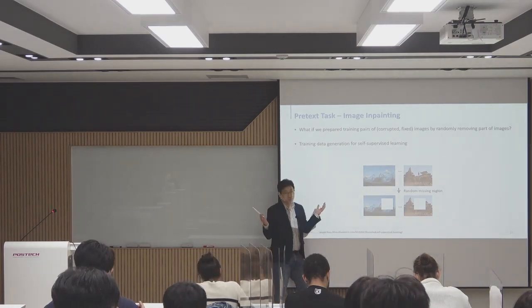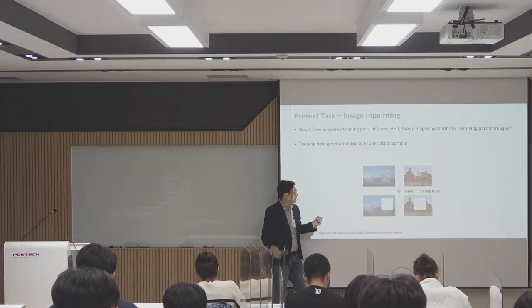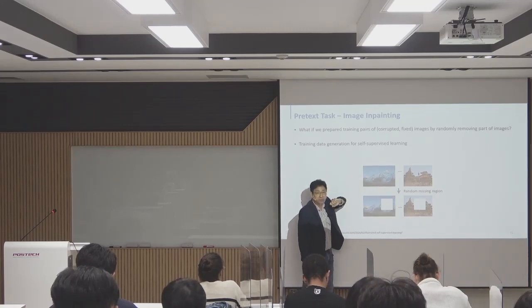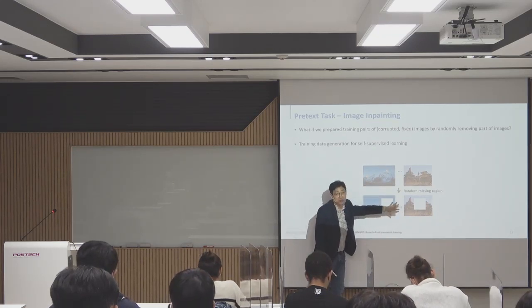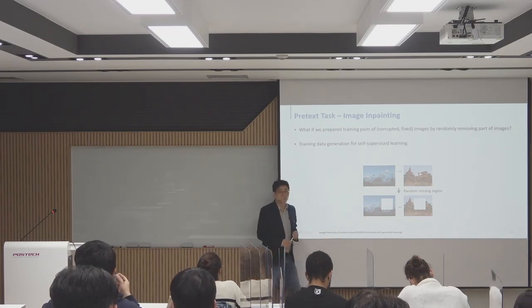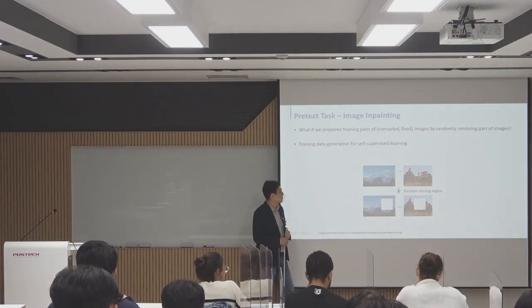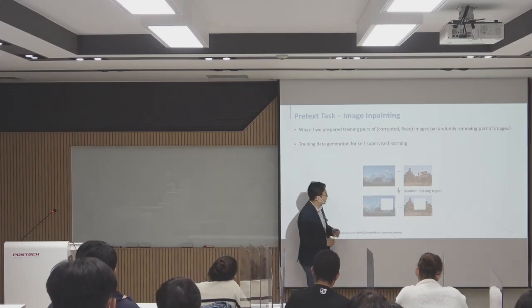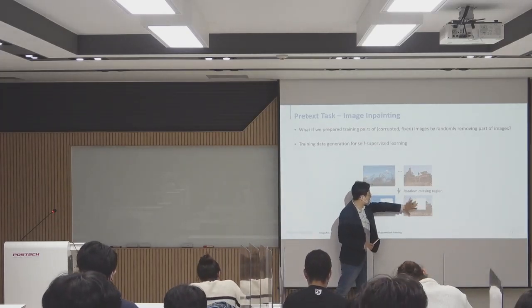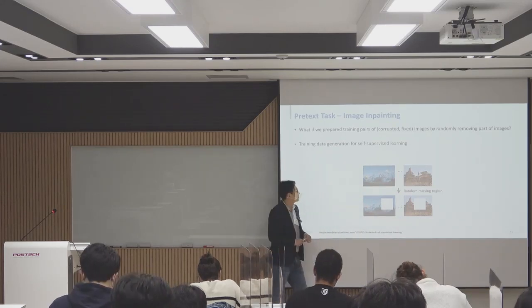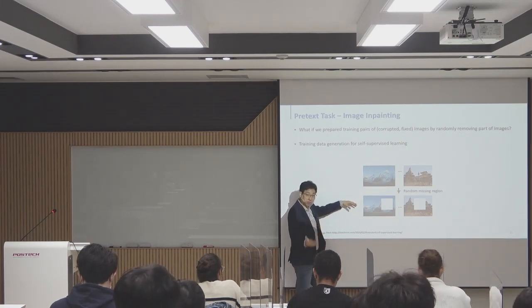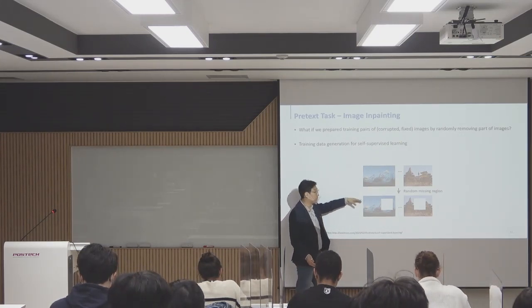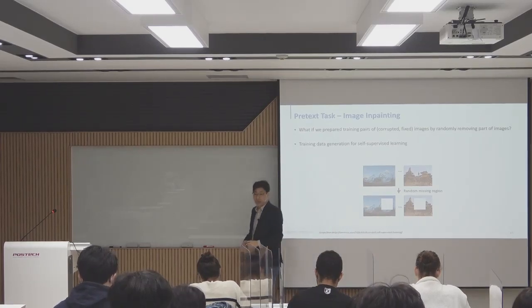Again, we have a bunch of different images on the internet. For the input, we're going to do random cropping, random missing regions, whatever. And again, from the network perspective, this is going to be the input, and this will be the corresponding labeled output.